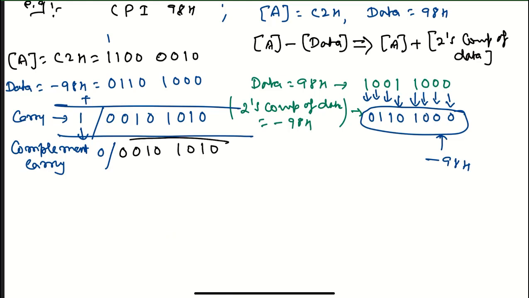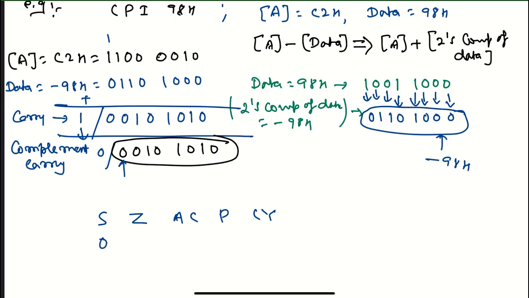So as per the result, their flags are going to be changed. So that we will see here. This is sign flag, zero flag, auxiliary carry, then parity, then carry. So here, if we see that their MSB bit is 0, so this sign flag will be 0.